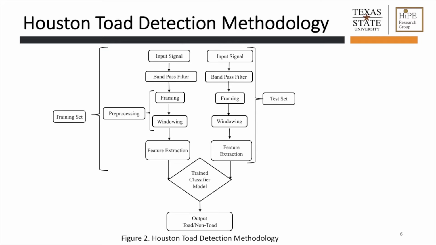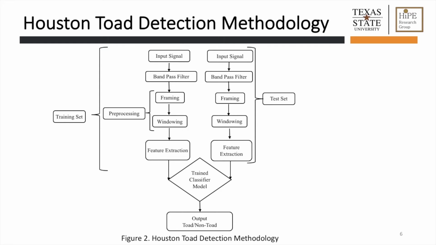This is the methodology that we have implemented in our paper. On the left side, there is a training set, and on the right side, there is a testing set. First, from the training set, audio signals are taken as input and bandpass filtered. After the bandpass filter, they are pre-processed by framing and windowing.